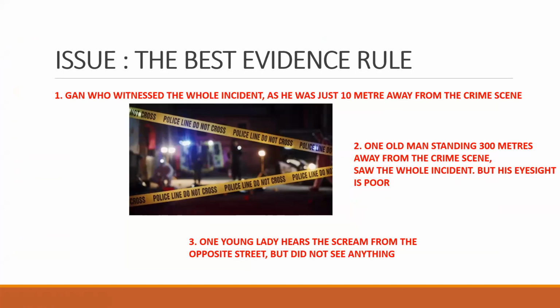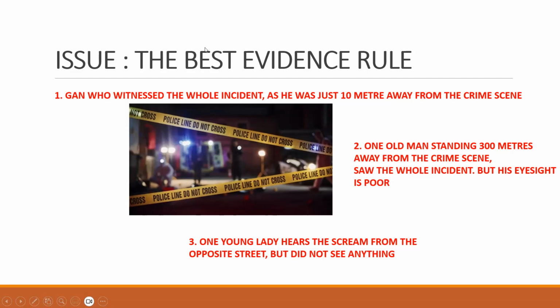Second, one old man standing about 300 meters away from the crime scene, but somehow he witnessed the crime taking place, but his eyesight, due to aging, is very poor. And then the third one, a young lady hears a scream from the opposite street, but did not see anything.